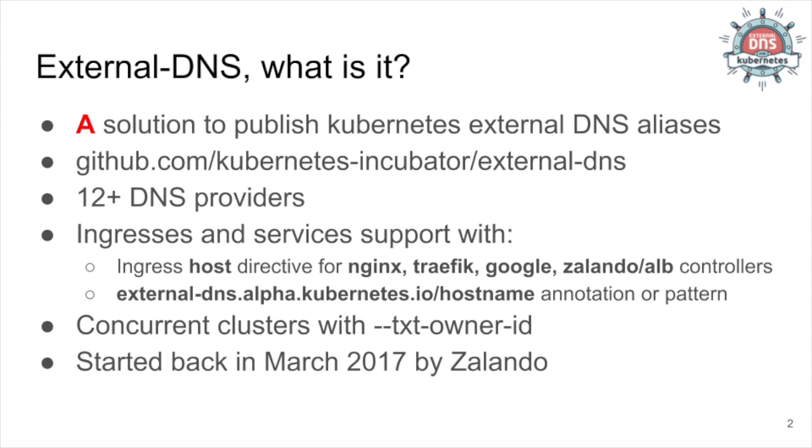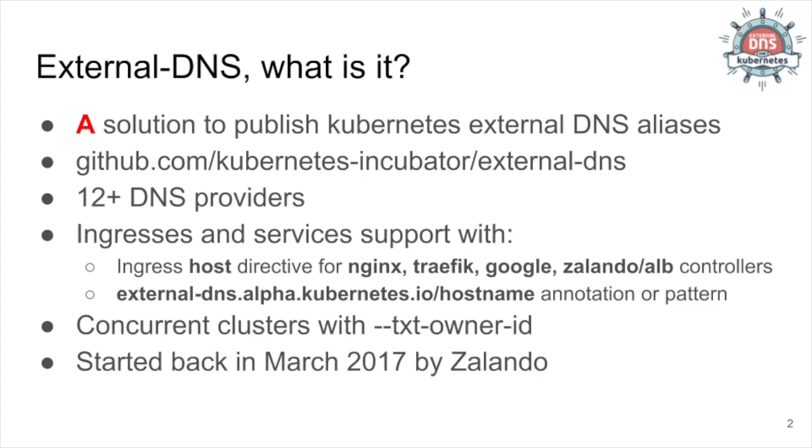The way it works is based on two different kinds of resources. The first one is the ingress resource, so in that case it will discover the host directive, and assuming it supports the associated controller, get the associated endpoint and register them inside your DNS.